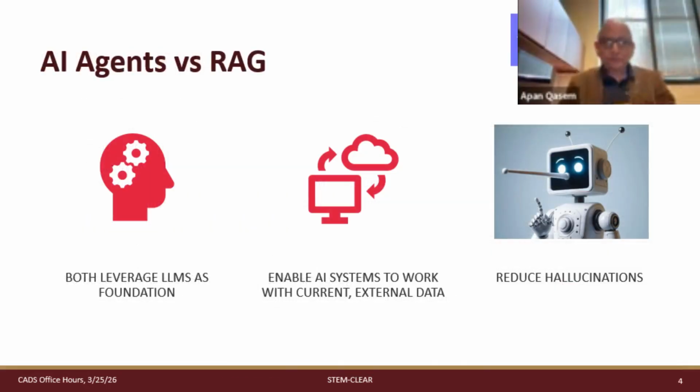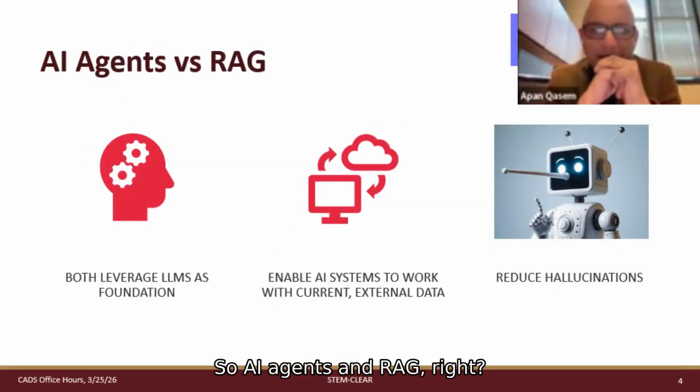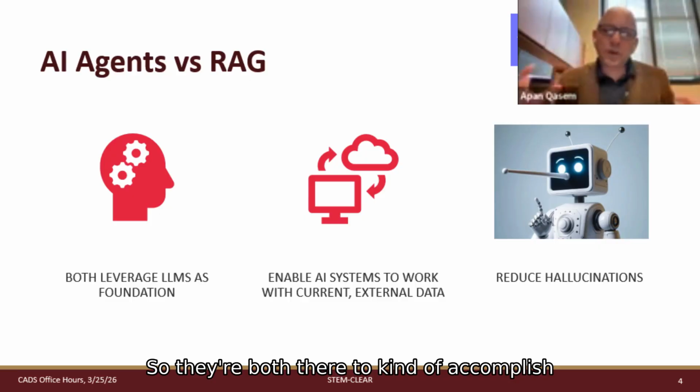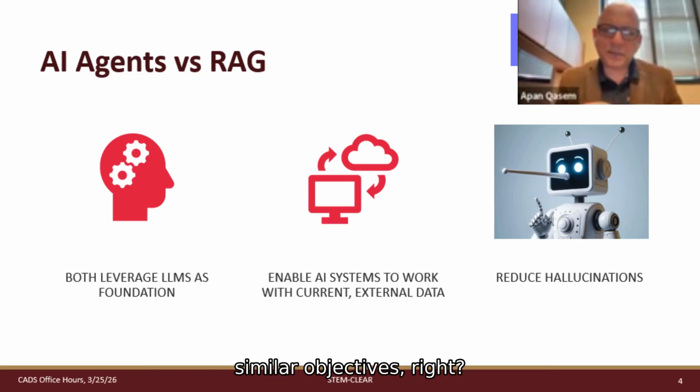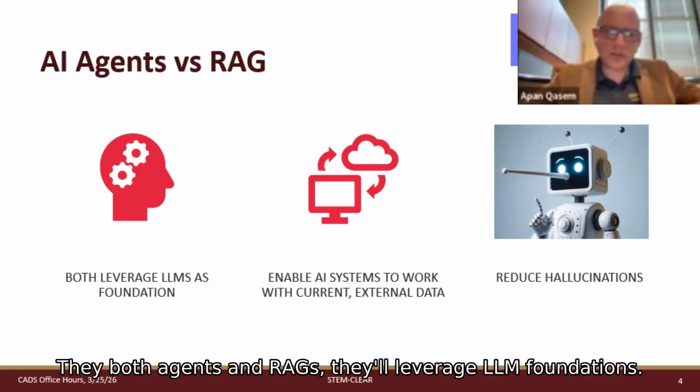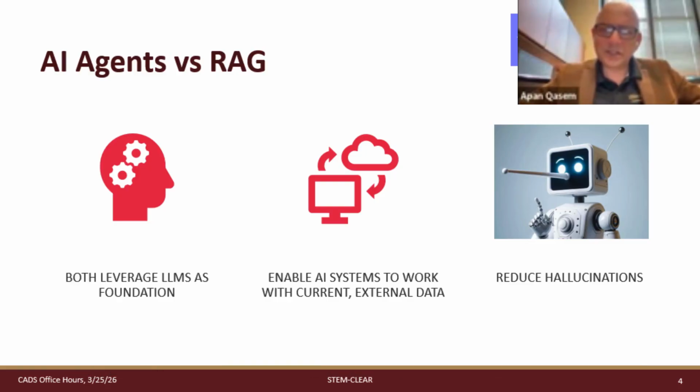So AI agents and RAG. They are both there to accomplish similar objectives. Both agents and RAGs leverage LLM foundations.